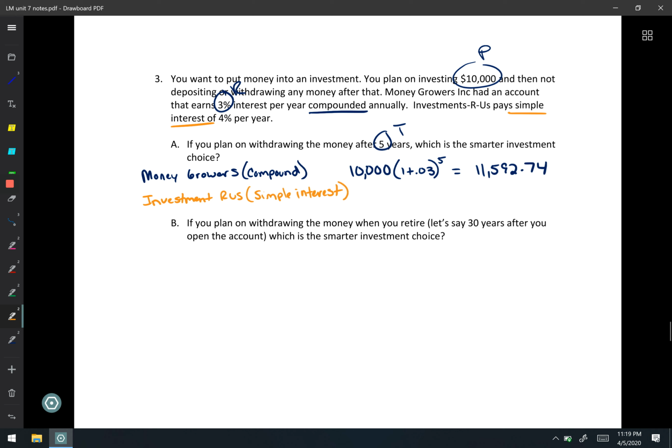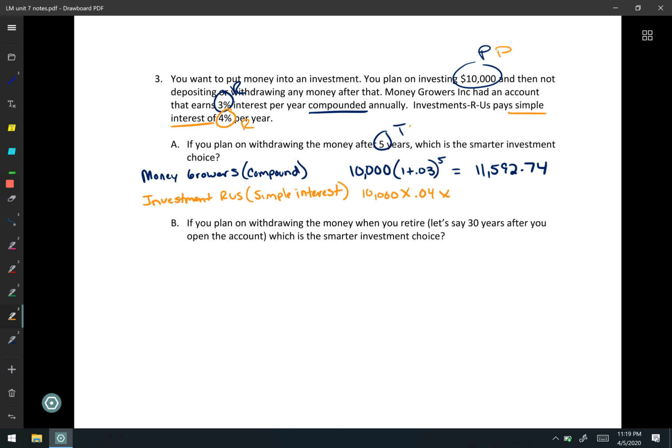Now we want to set up simple interest. Again, that's I equals P times R times T. So our P would be up here as well, 10,000 times our R in this case, 4%, 0.04.